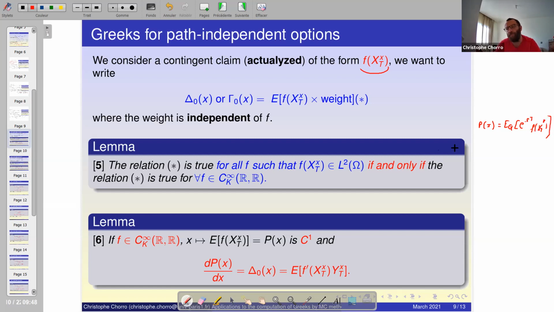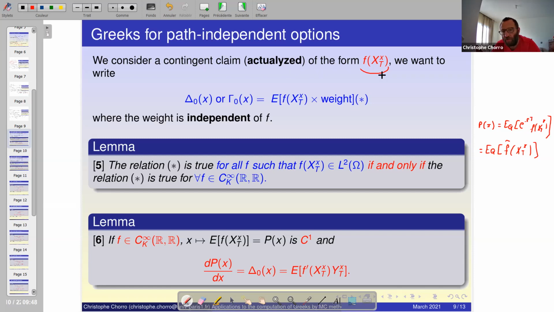And I just say that in fact I can write this expression this way with an F tilde, where in F tilde I have internalized the discount factor here.